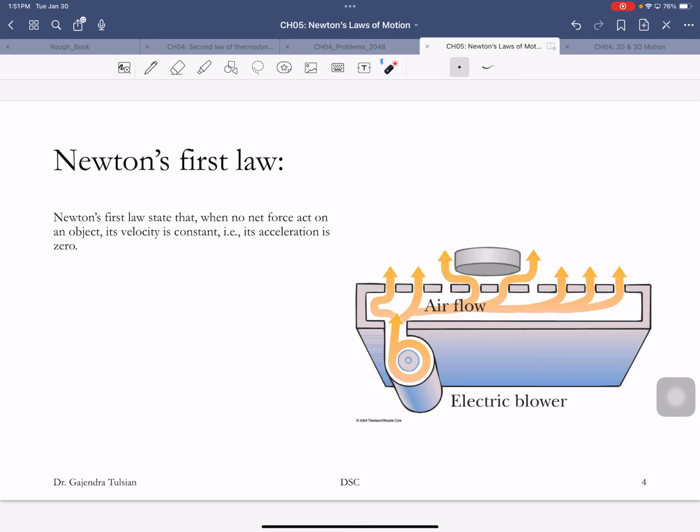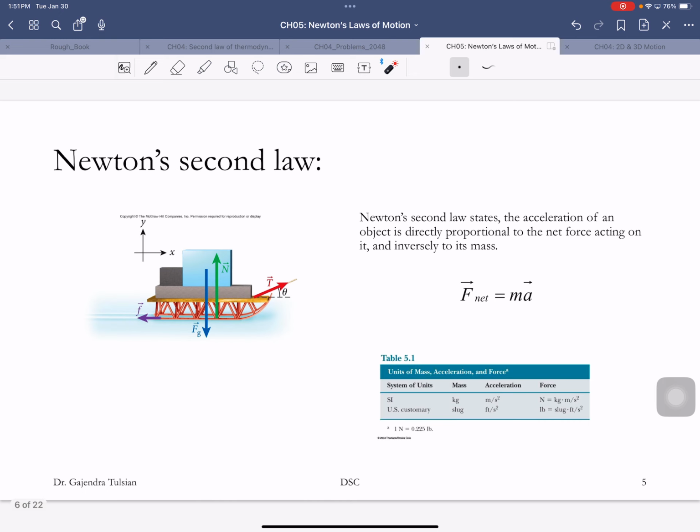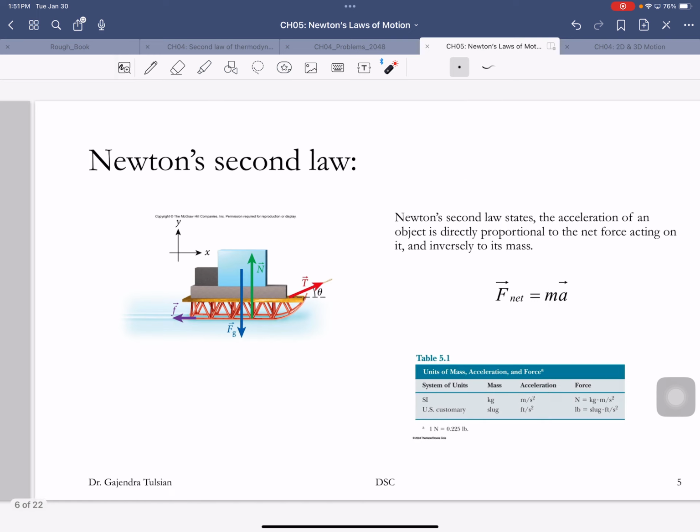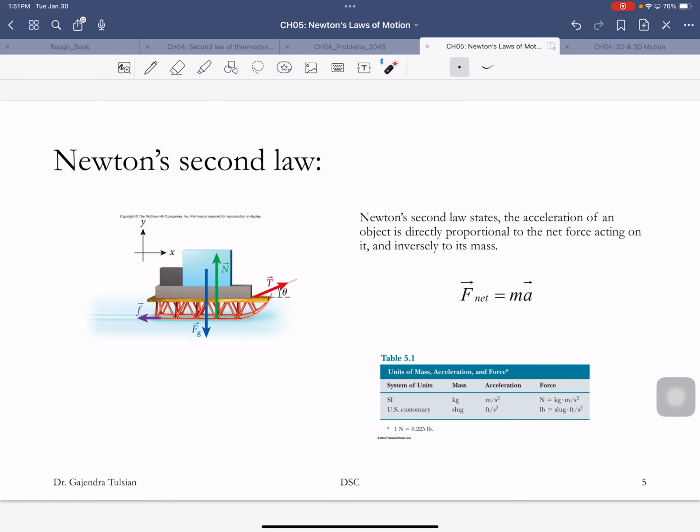All right, let's come back to that in a second. We'll talk about Newton's second law. Mr. Newton figured out that to make an object accelerate, you have to apply a force. The proportionality constant was the mass of the object.